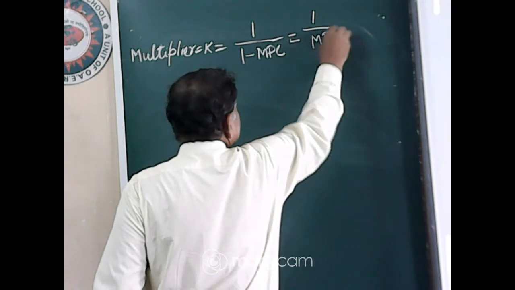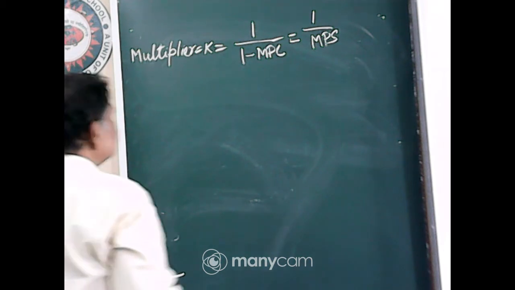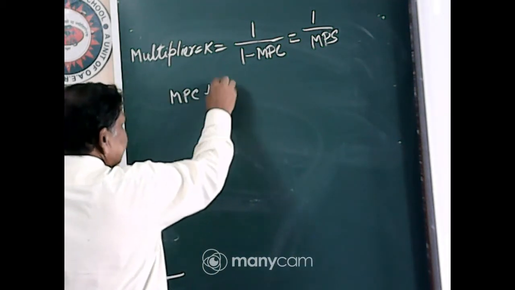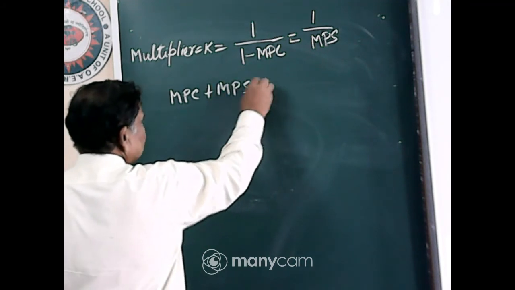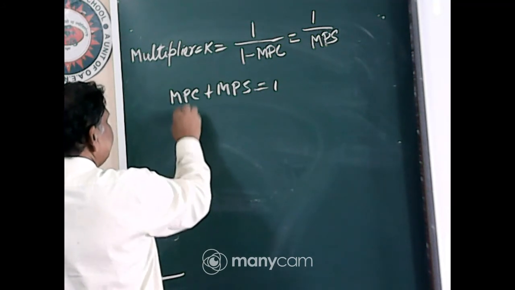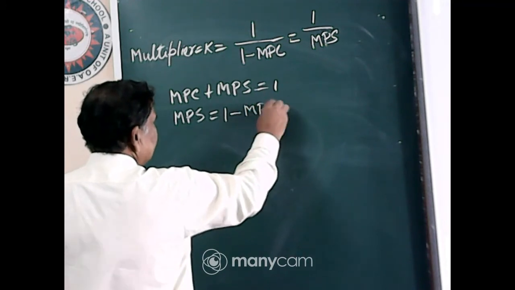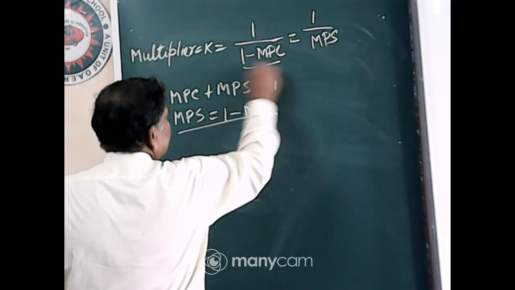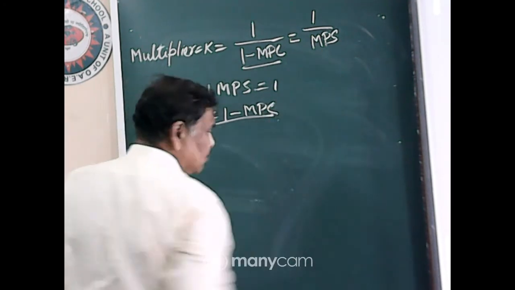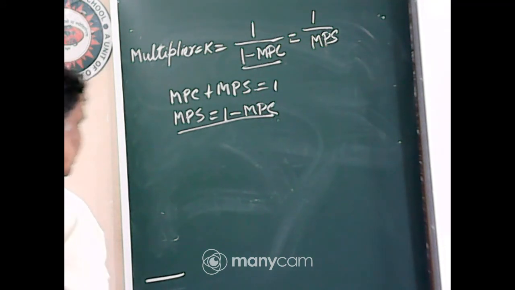Why is it MPS? Can anybody say? Because you know MPC plus MPS is equal to 1. Therefore, MPS is equal to 1 minus MPC. I am just replacing 1 minus MPC by MPS. So, it is correct. Is it correct? I think so.